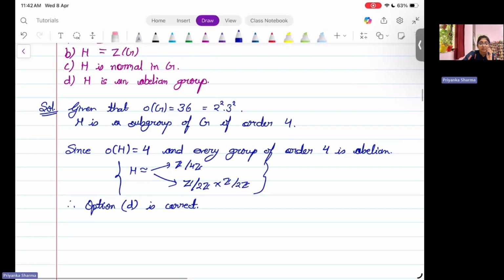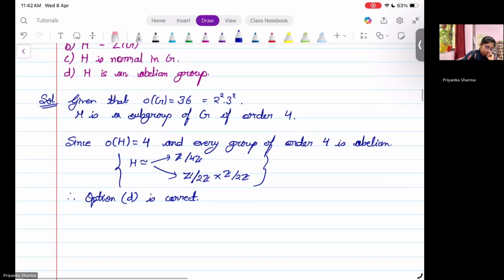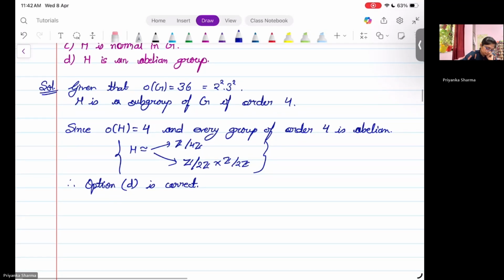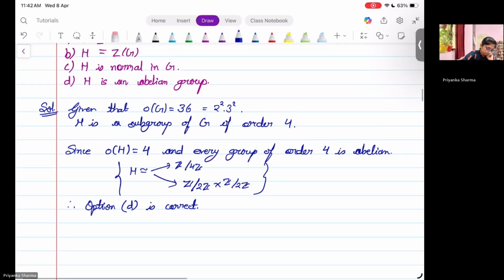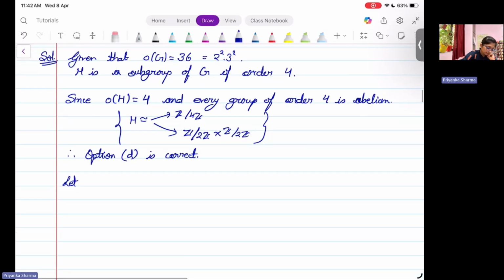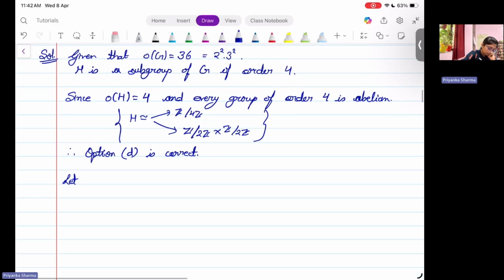Now, whether this H is normal in G or not. Let's check whether we can use Sylow's theorem or not.